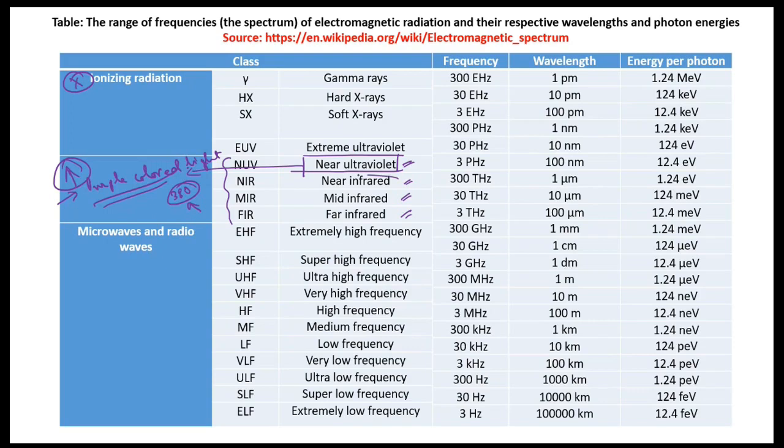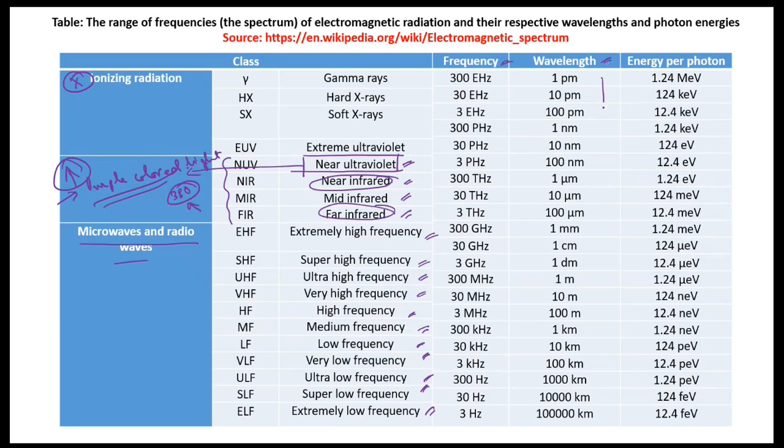Then we have infrared lights, mid infrared lights and far infrared lights. Thereafter we have the microwaves and radio waves: extremely high frequency, super high frequency, ultra high frequency, medium frequency, low frequency, very low frequency, ultra low frequency, super low frequency, and extremely low frequency. Their corresponding frequency and wavelength are given.